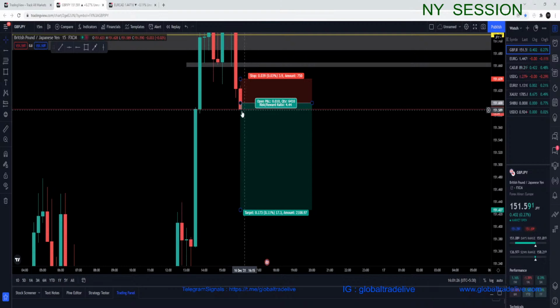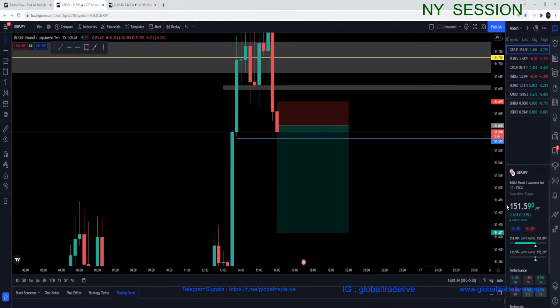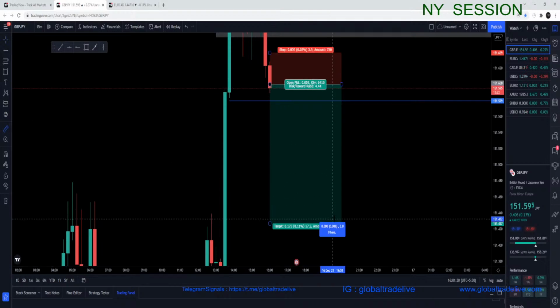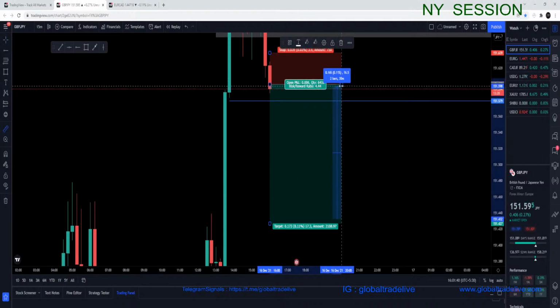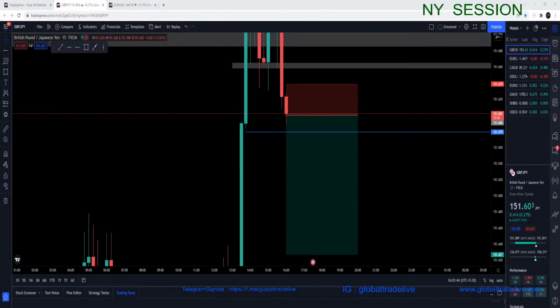So once this candle breaks this low over here, it should be dropping all the way down. It's a pretty good range, so I think it can possibly move down to fill the clean range.